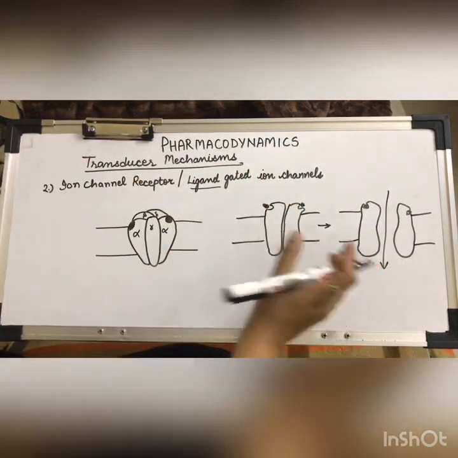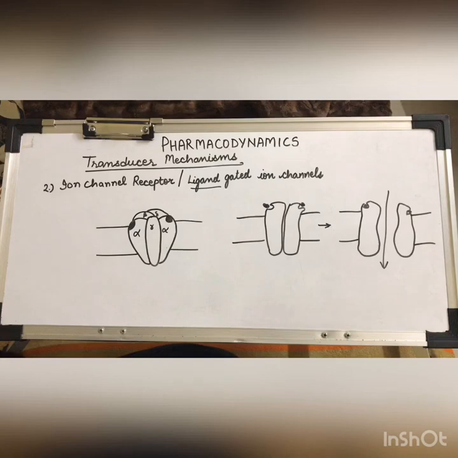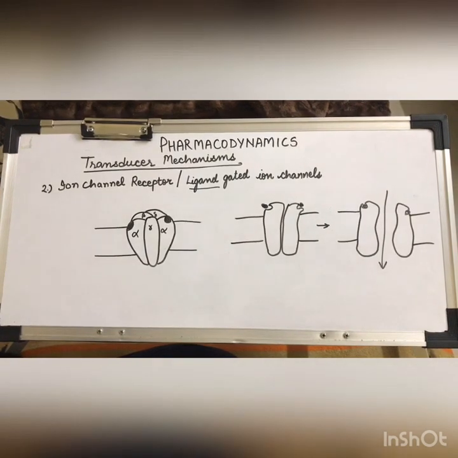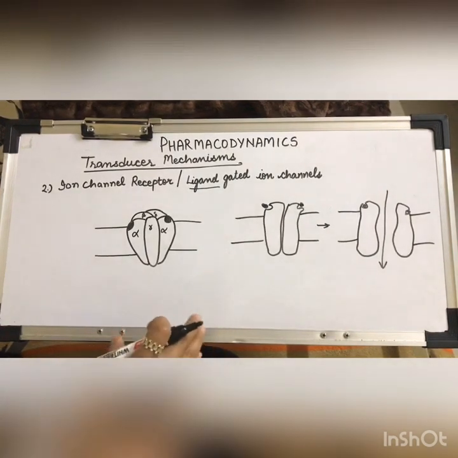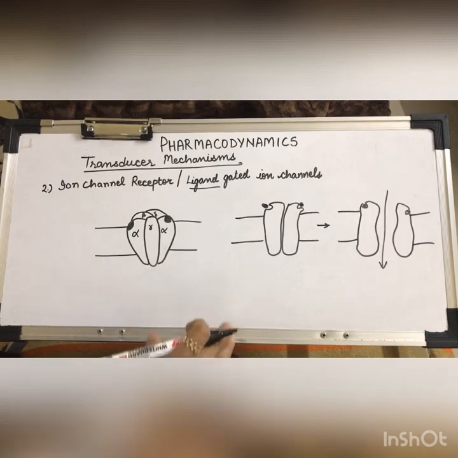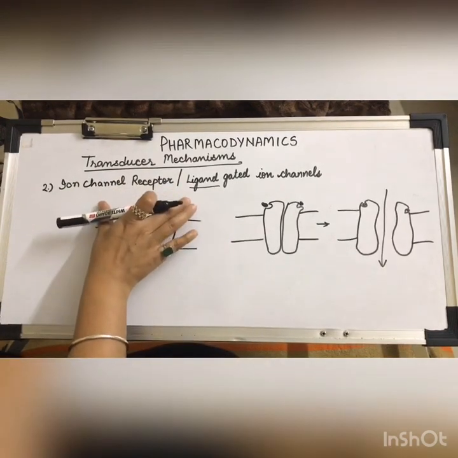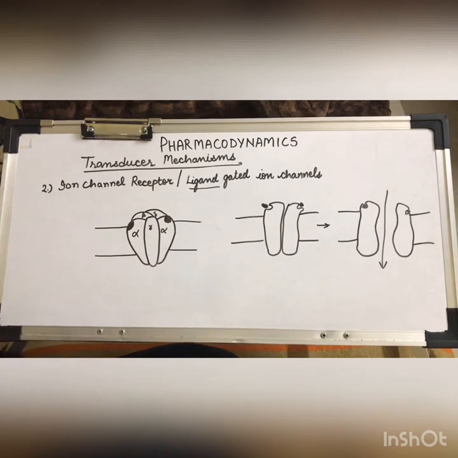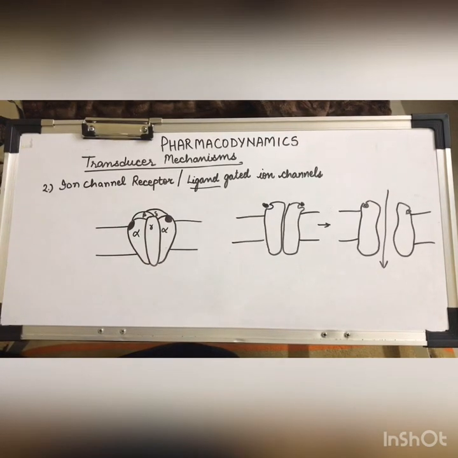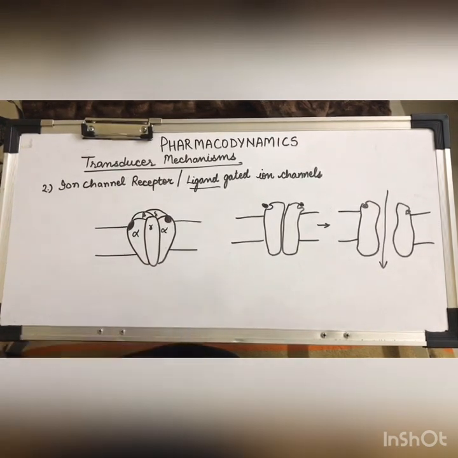Thus, the opening and closing depends only upon the binding of the ligand. No involvement of coupling proteins or second messengers. Therefore, this transducer mechanism is the fastest mechanism for drug action, which acts in milliseconds.